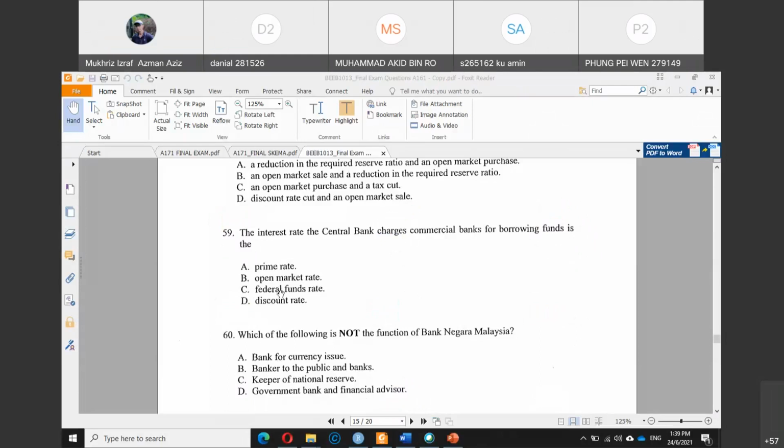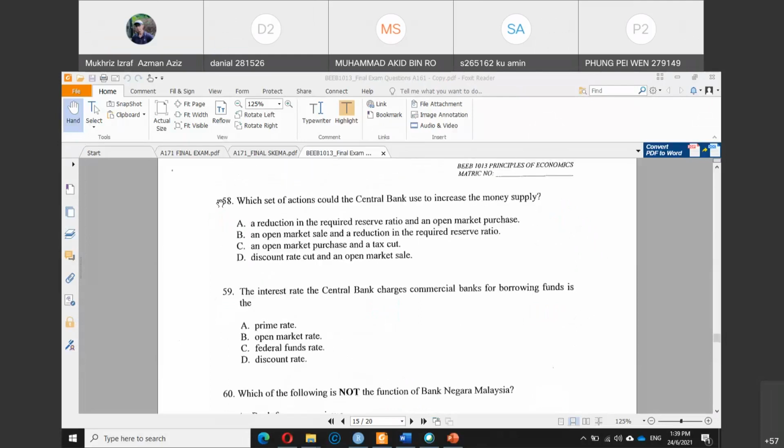Don't get confused with the term federal funds rate. Discount rate, if you refer to question 58, is similar to D here. Discount rate is the interest rate charged by the central bank to the commercial bank.